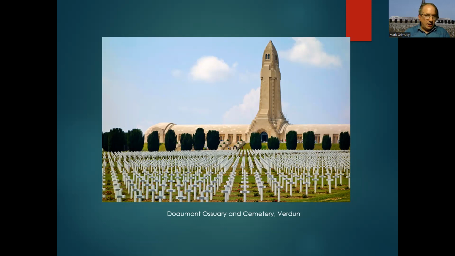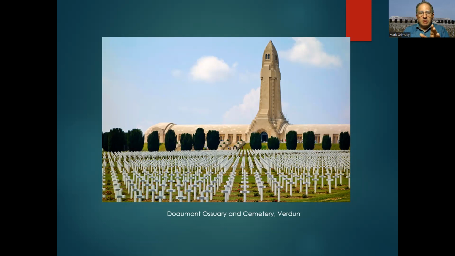And what you're looking at here is a major ossuary cemetery at a place called Verdun. Verdun was the scene of a 10-month battle between the Germans and the French in 1916.